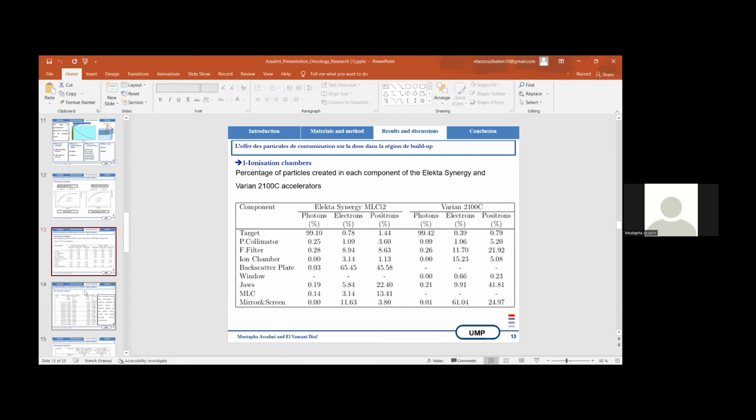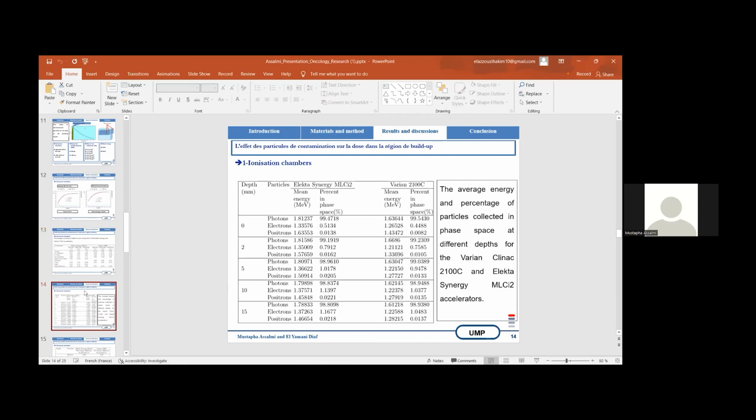Secondary created particles can also induce interactions and create photons, and the process continues. This table shows the origin of production of particles crossing the phase space plane placed on the phantom surface at 100 centimeters. The percentage of each particle is calculated relative to the number of particles collected in the phase space plane. This rapid variation of the particles affects the dose accuracy in the build-up region.